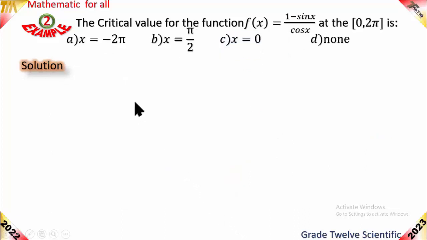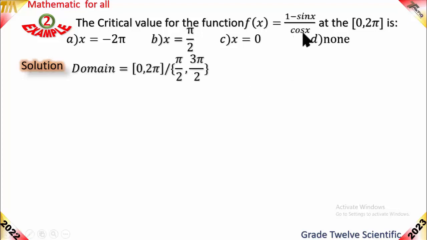Example, the critical value for the function f(x) equal 1 minus sine x over cosine x at the interval 0 to 2 pi is. First of all, to find the domain, make cosine equal to 0.